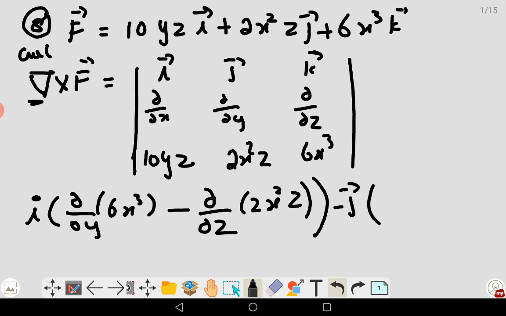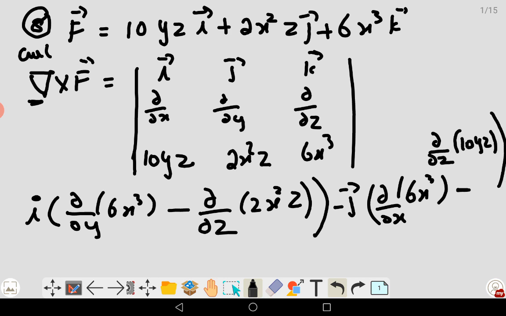Minus j. What to do for j? This element goes with this element, isn't it? ∂/∂x of 6x³ minus ∂/∂z of 10yz. This is for j.